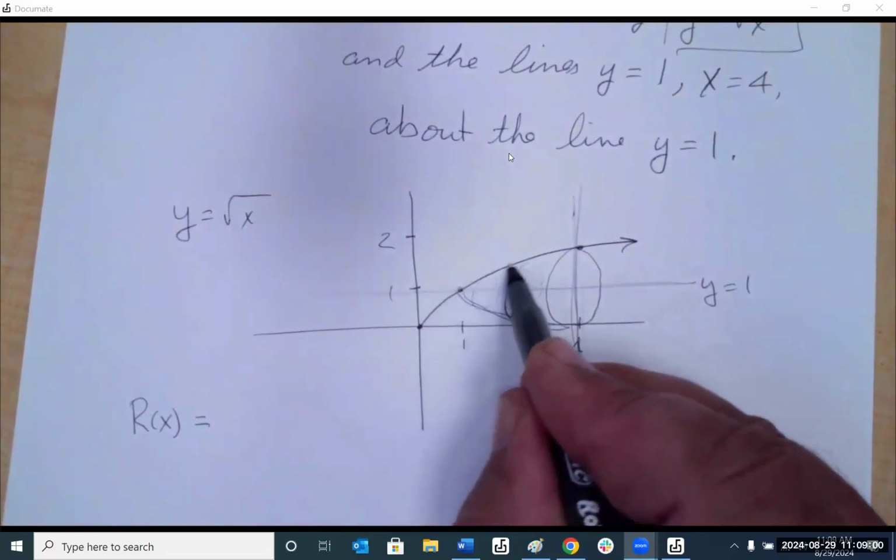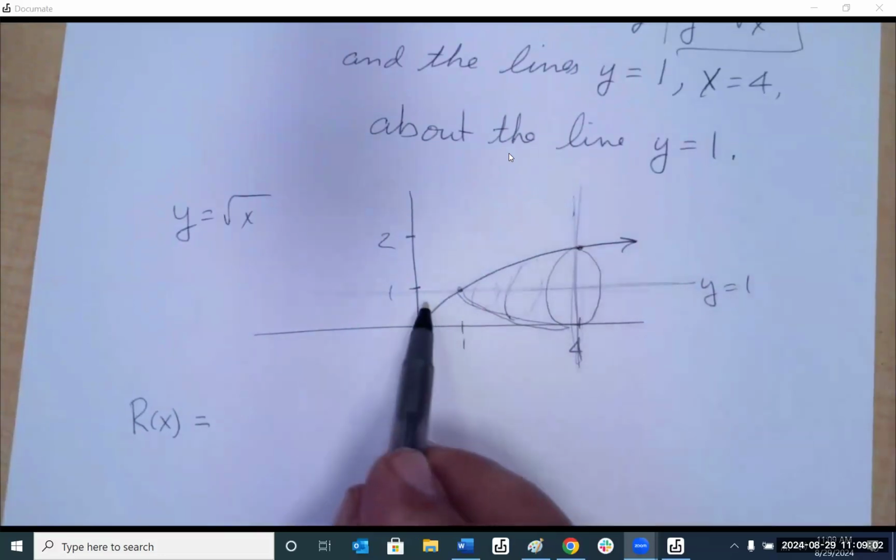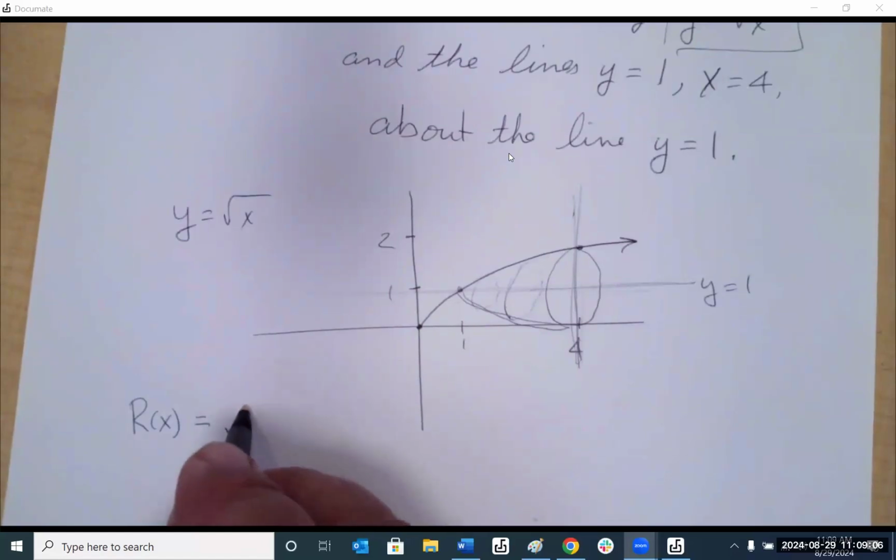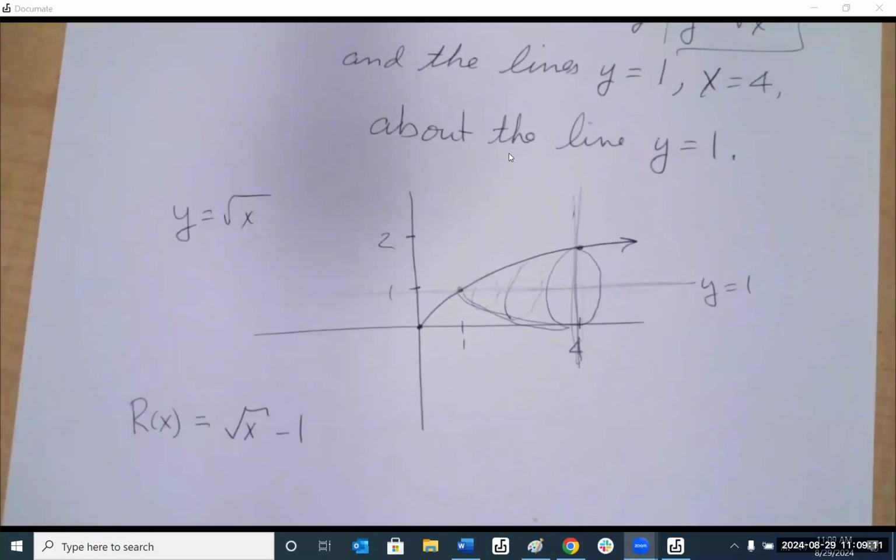Square root of x starts all the way over here, but we shifted it. So it's going to be square root of x minus 1. It's a horizontal shift to the right, 1 unit. Remember from algebra, when you do horizontal shifts, it's always the opposite sign.